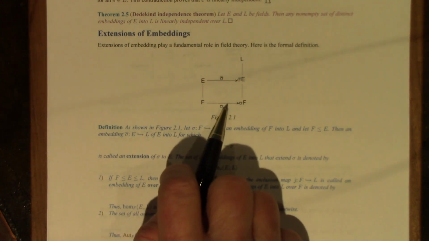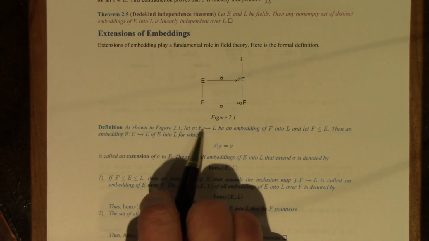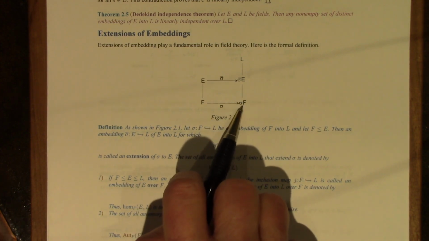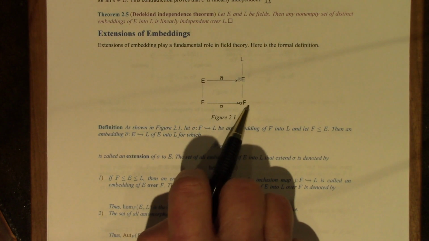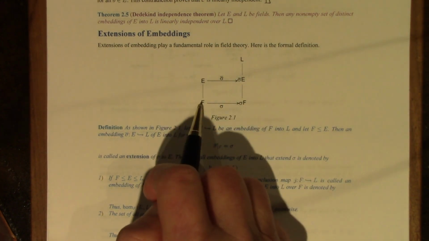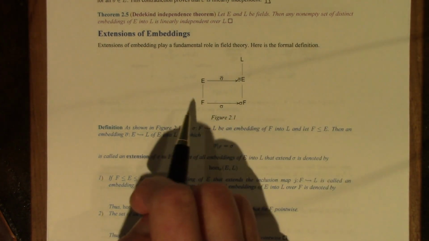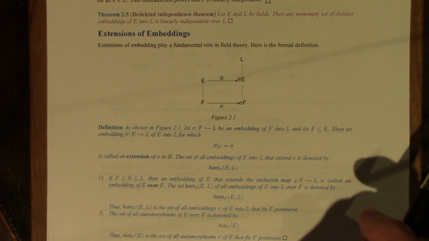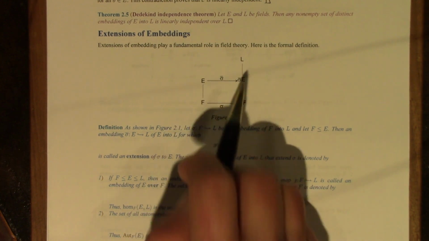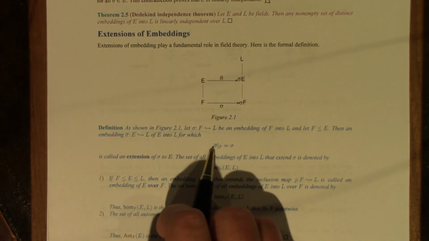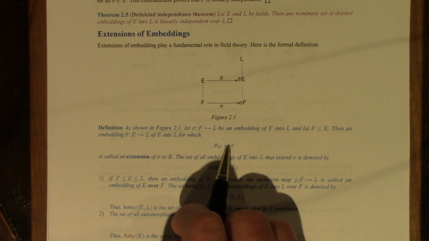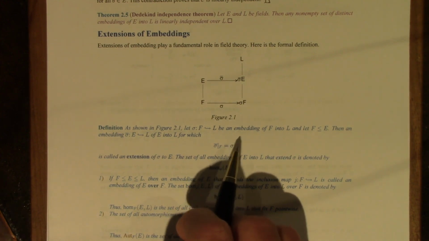As shown in this figure, let sigma be an embedding from F into L. So here's the image of sigma F. It's a subfield of L. And consider an extension E of F. Then an embedding sigma bar of E into L, for which the restriction of sigma bar to F is sigma, is called an extension of sigma to E.